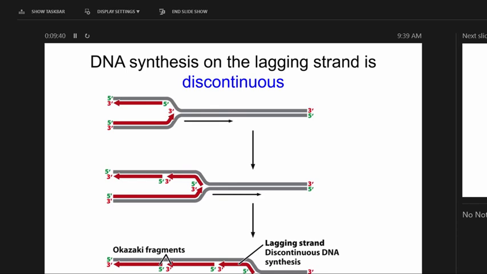Then the lagging strand up here has to wait until another little bit opens up, and then you can make another piece. See how that works? And so you have continuous synthesis on the leading strand, discontinuous on the lagging strand, and these little fragments are called Okazaki fragments because of the person who discovered how all this works.